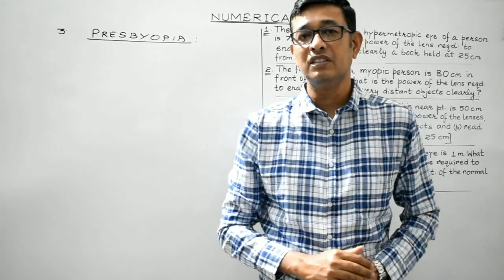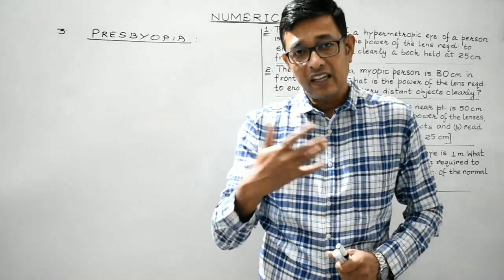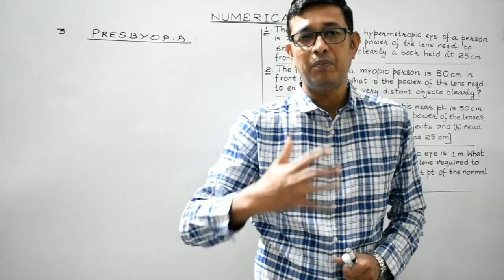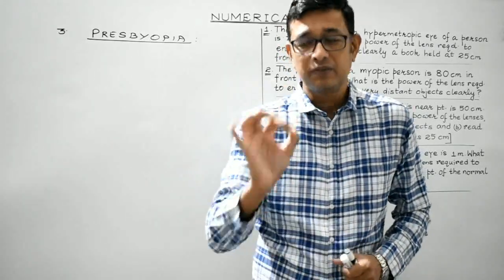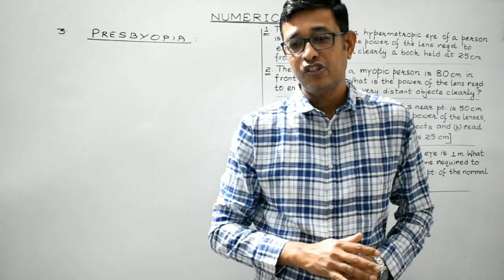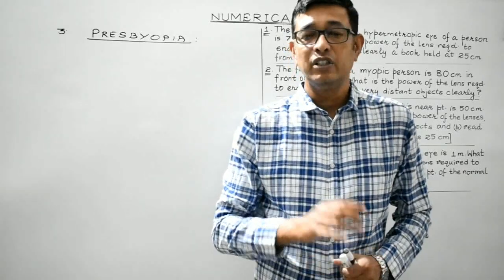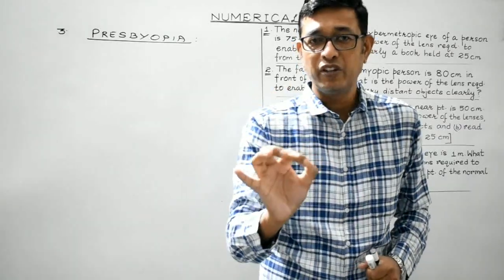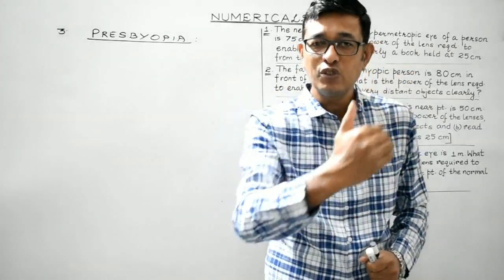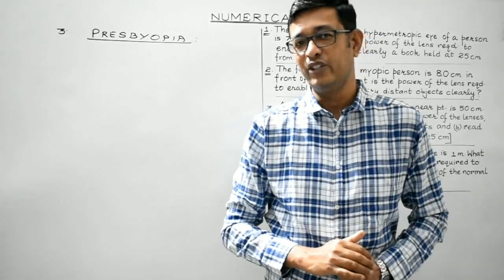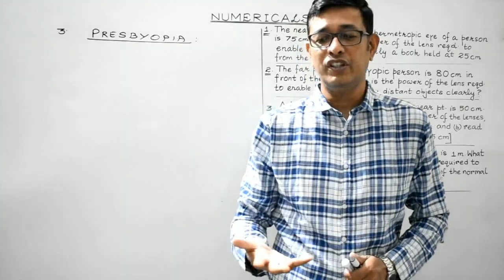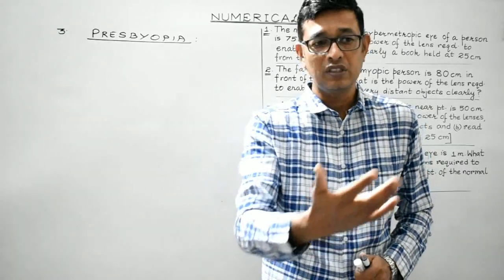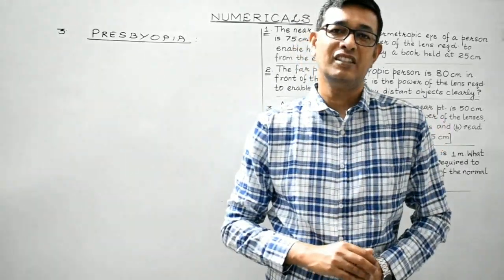So particularly in the old age, due to the weakening of the ciliary muscles, the power of accommodation of the human eye tends to decrease or deteriorate. As a result, a person in his old age is unable to see the nearby objects clearly.